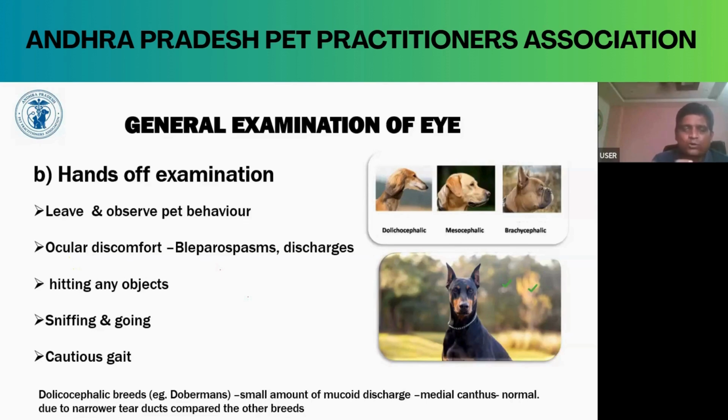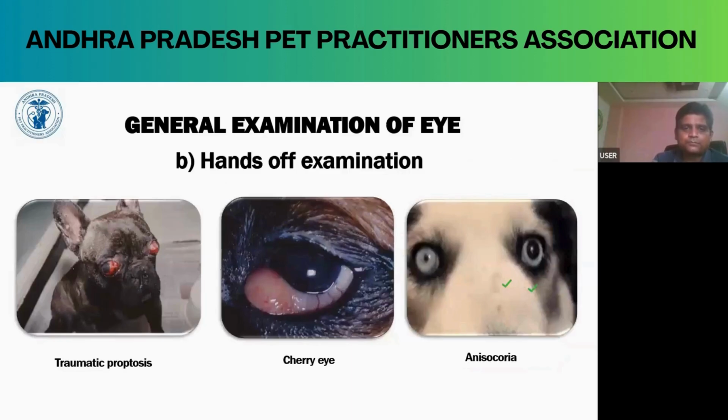Because of the narrow tear ducts, the patency will be reduced, and the discharge will be present at the medial canthus side. This is a normal thing in the dolichocephalic breeds, which we will observe in the Dobermans, which we generally get from the police squad especially.